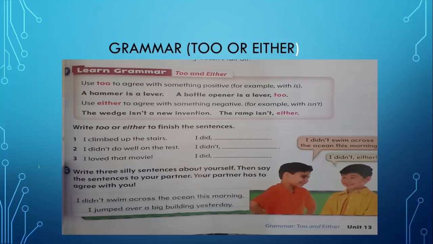As you see in the example below, the wedge isn't a new invention. The ramp isn't either. So you see over here that the statement is negative by showing "isn't" in the statement. The wedge isn't a new invention. The ramp isn't either. So you have to use "too" or "either" over here.